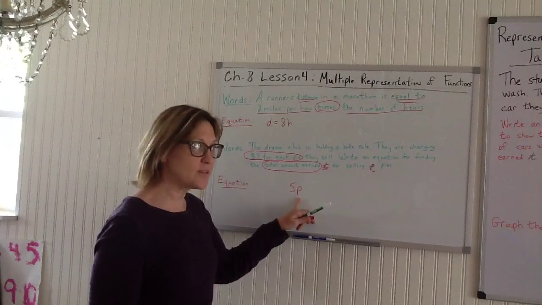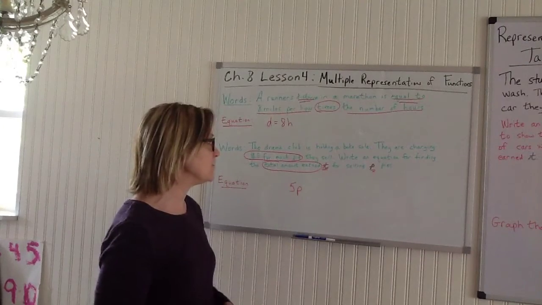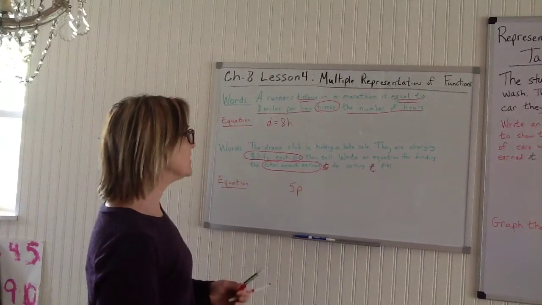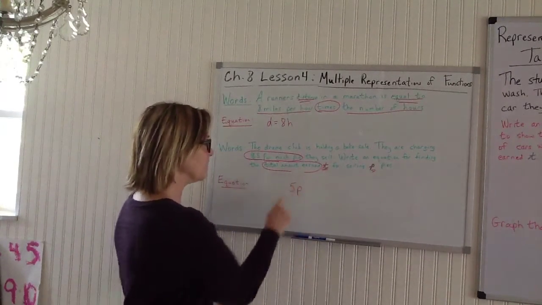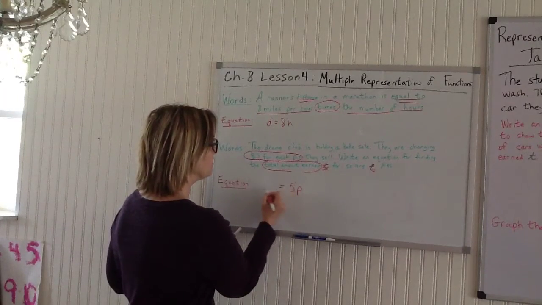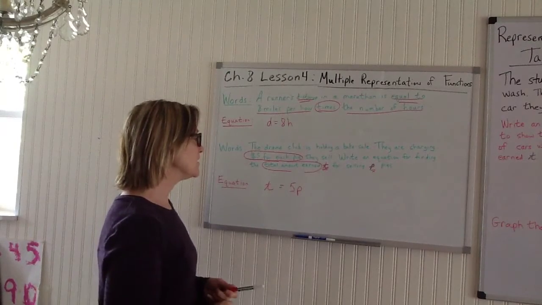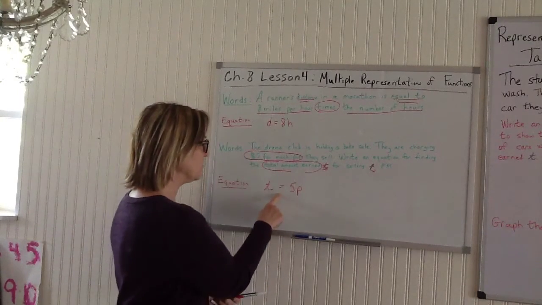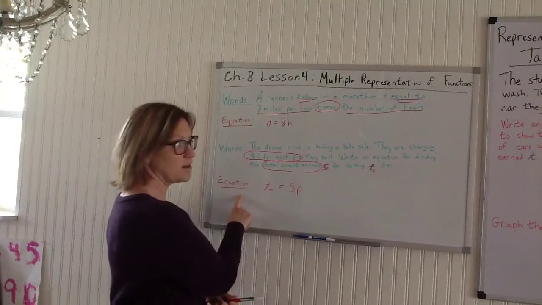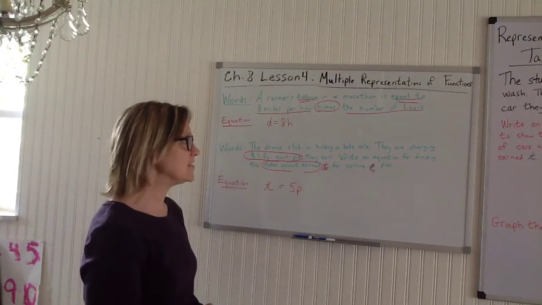If P were 2, they sold 2 pies, it would be 5 times 2. So what is it that 5P is really representing? It's really representing the total, or T, how much they're going to earn. So T equals 5P would be the equation that represents that sentence.